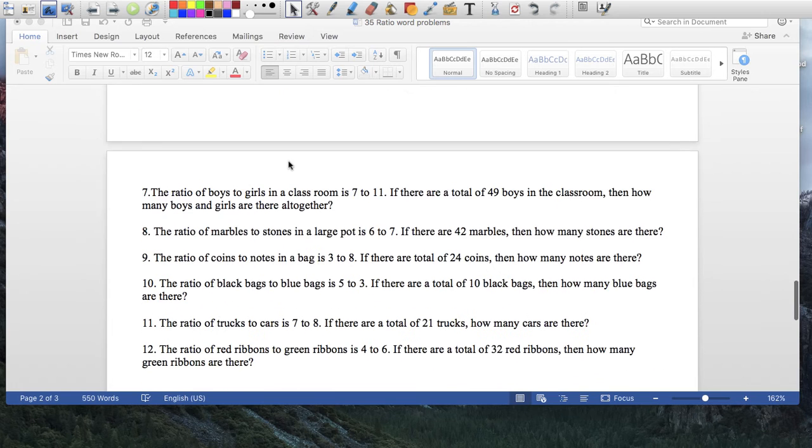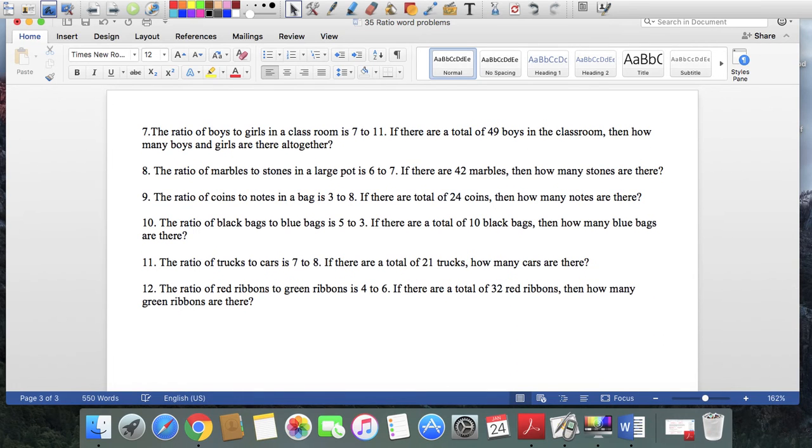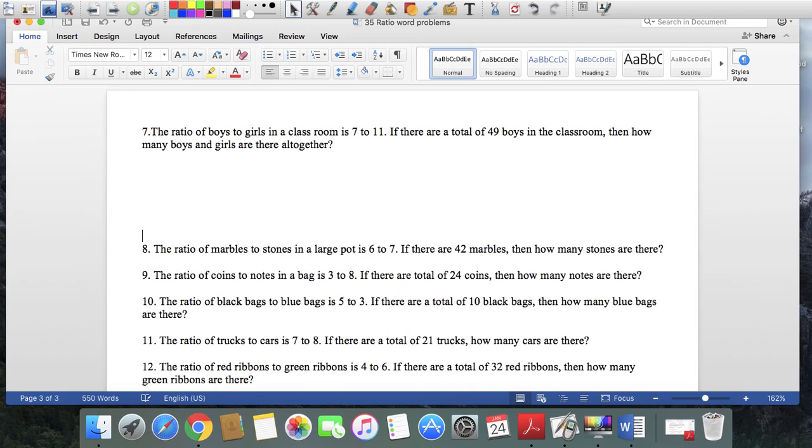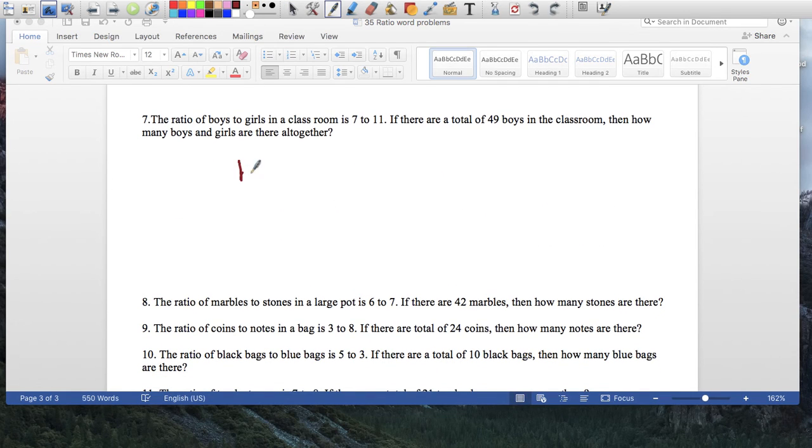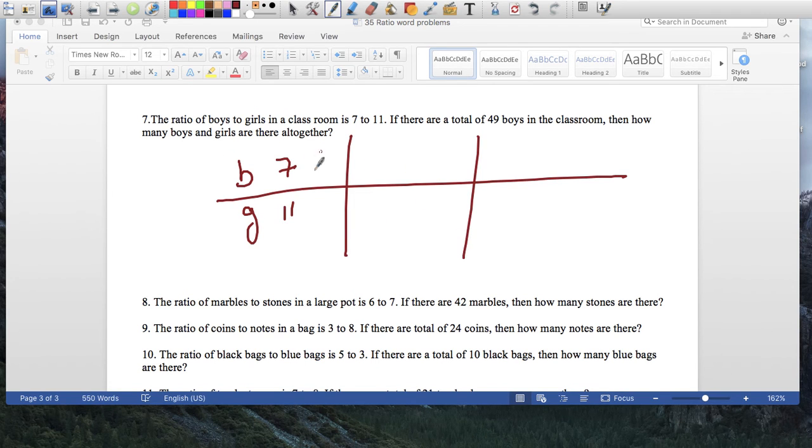question. 7. The ratio of boys to girls in the classroom is 7 to 11. Boys to girls is 7 to 11. If there are 49 boys in the classroom, how many boys and girls are all together?